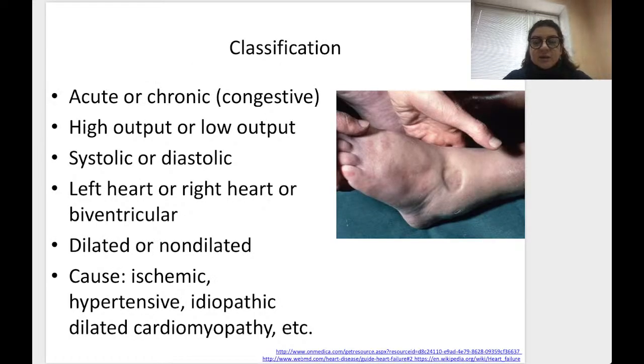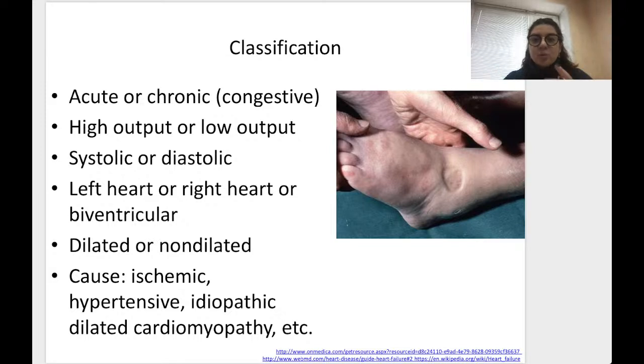Classification. From the first slide you know, and maybe in general you know, that it can be acute and chronic. Another name for chronic heart failure is congestive heart failure. Heart failure can be with high output or low output. According to what process, systole or diastole, is affected, it can be systolic or diastolic heart failure.